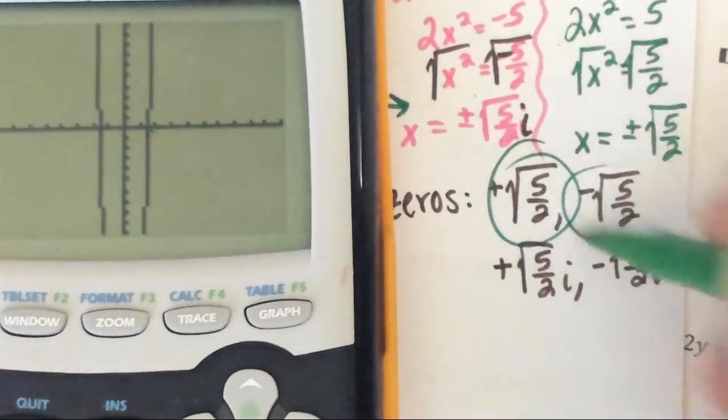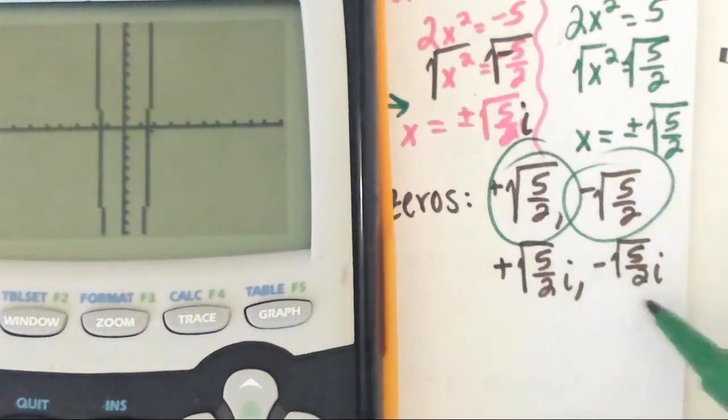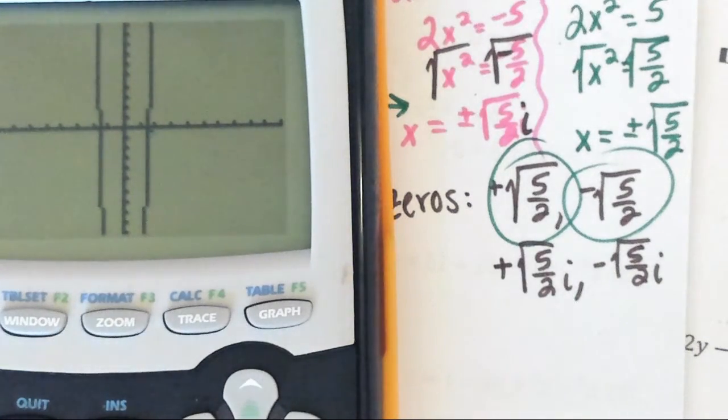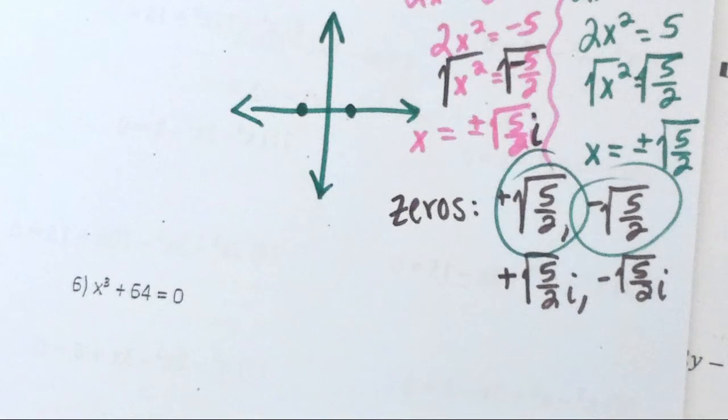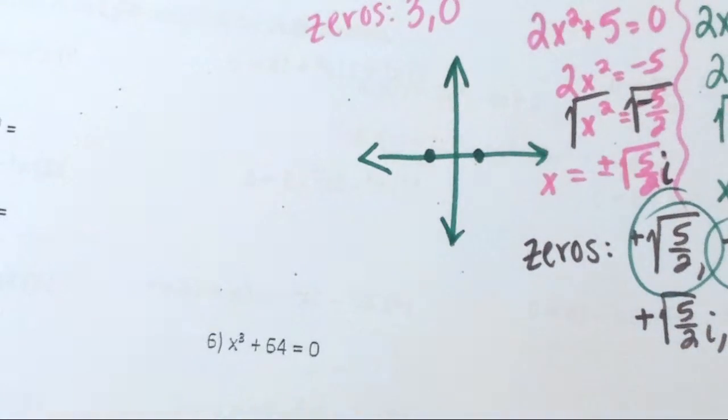It crosses at the negative square root of 5 over 2 right here. Nowhere do you see the i's on this graph. So if you have i's in your answer, that does not mean you're crossing the x-axis. They're actually not zeros then. They're just called imaginary roots. They're roots because they did solve the equation. They're not zeros because zeros implies we cross the x-axis. No, I'm being straight up extra.